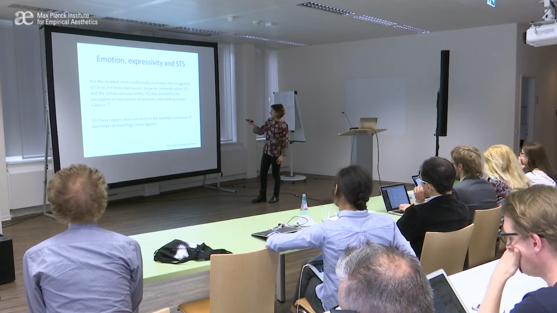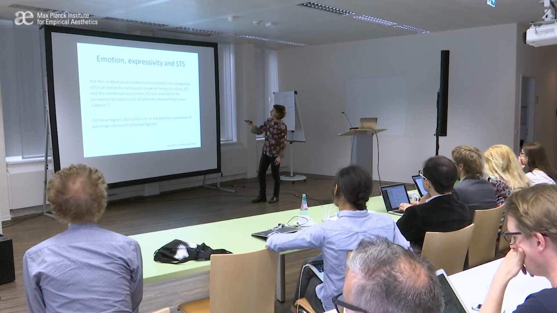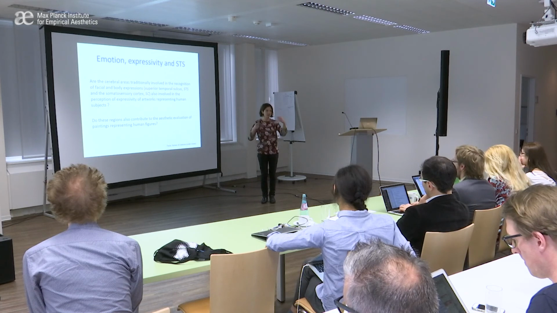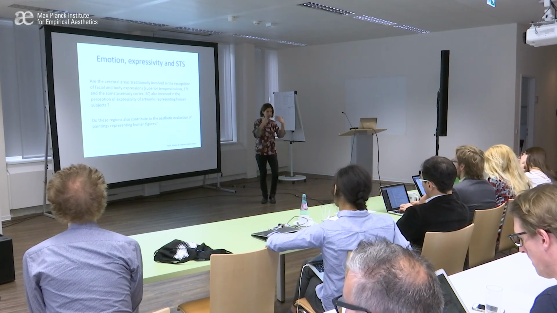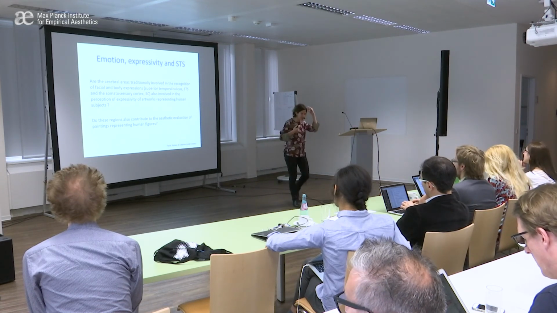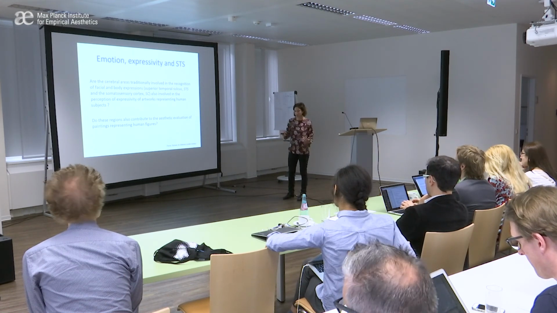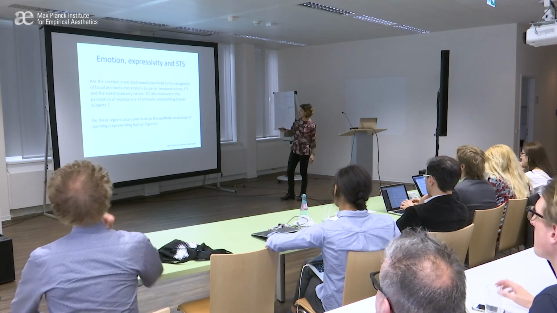And so we stimulated the superior temporal sulcus and the somatosensory cortex. Again, mirror neurons: if you see a happy face, you somehow repeat the same thing in your somatosensory cortex, and this results in a better, more immediate comprehension of the emotions.